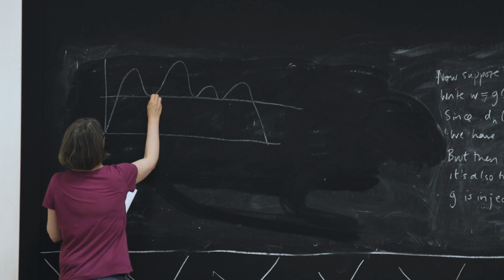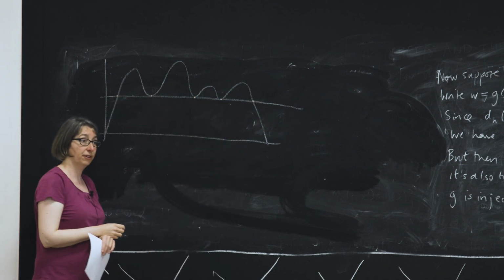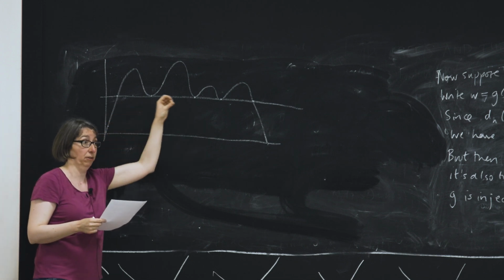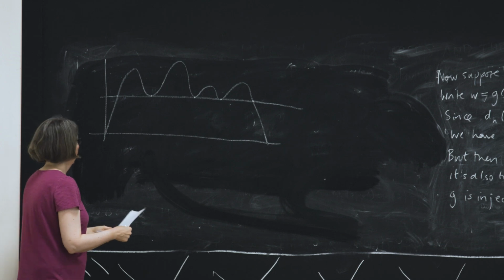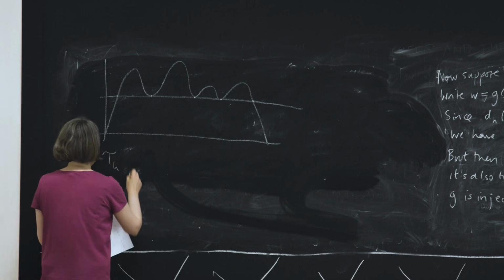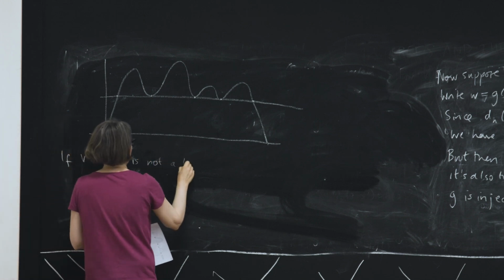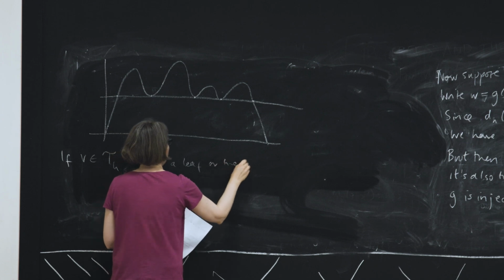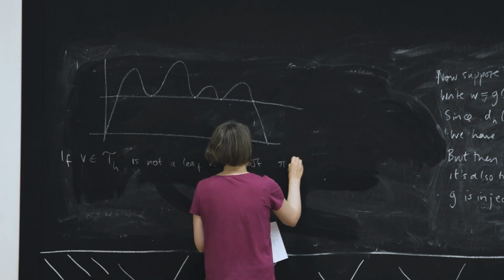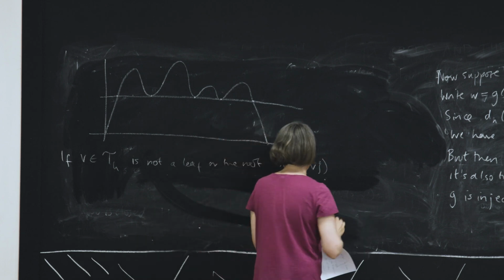So I've got this whole collection of points here, all of which are going to map to the same point in my tree because there's no minimum between them that's not equal to themselves. Okay, so if I've got the situation that V in T_H is not a leaf or a root, so if it's not a leaf or the root, what did we say? We said that, well, firstly, the pre-image of the set V must have at least 2 elements.